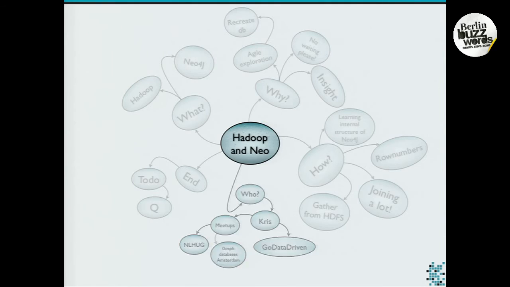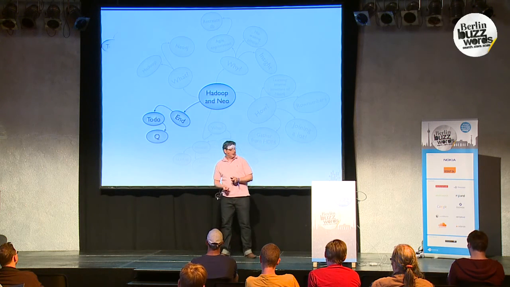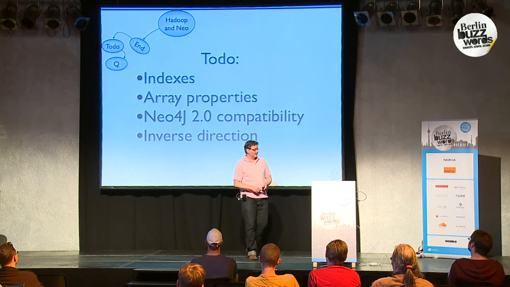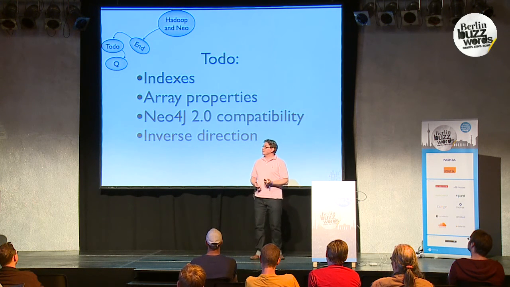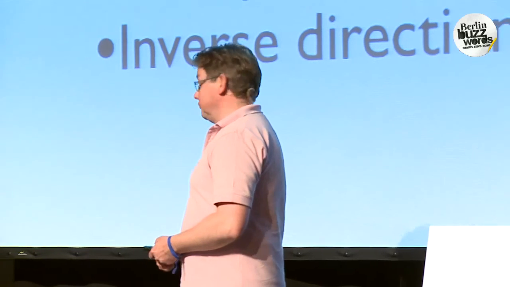To end this presentation a little earlier than I was expecting, but that's no problem, I guess being the last one in the row. Just a little list of things that we need to do to make it complete. Neo4j uses Lucene indexes internally. It would be great if we could create those Lucene indexes on a few of the properties during the MapReduce cycles we do.